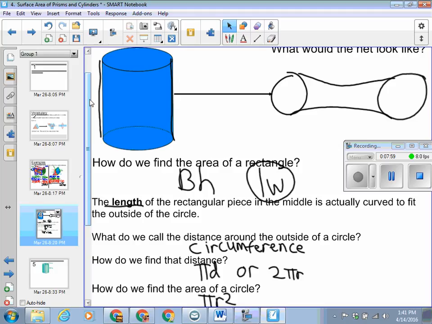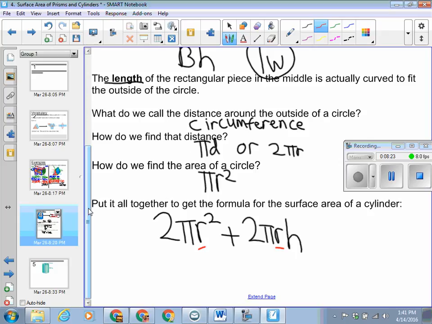We put two halves together to make one whole circle, the circumference, times the height of the cylinder. I'm using my finger to point, but it's not really helping us here, so let me show it again. We put these two halves together, we get one circumference of a circle, and we have the height to go with it. That is where that 2 pi r h comes from. Ask me in class in person to make that more clear. I know it's not the easiest over video, but that is your formula.